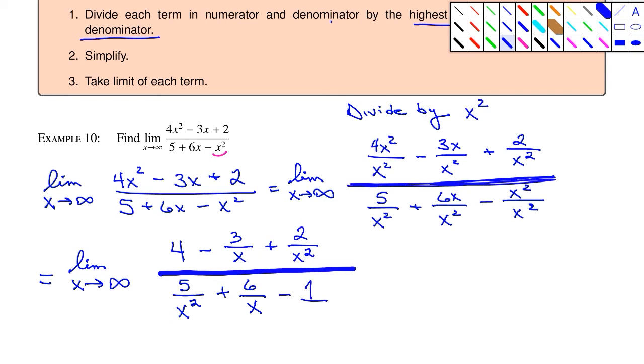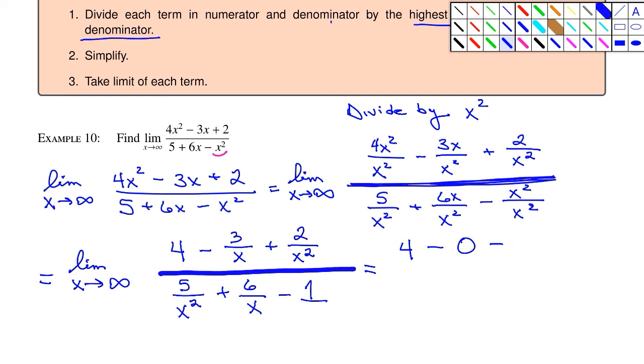And now I can take the limit of each of these individual terms. So the limit as x goes to infinity of the number 4 is still just the number 4. There are no x's to affect the value of that part of the function. It's 4, it's always 4, and it always stays 4. The limit as x goes to infinity of 3 over x is 0, because it's technically 1 over x times 3, which we've solved before, turns into a 0.